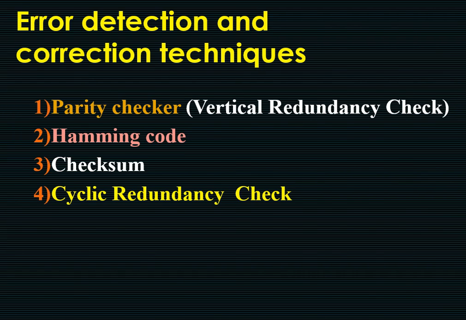Now let us discuss the parity checker or vertical redundancy check. What is the parity checker? Whenever we hear the name parity, we remember that there is even parity and odd parity. An even number of ones means even parity. An odd number of ones means odd parity.